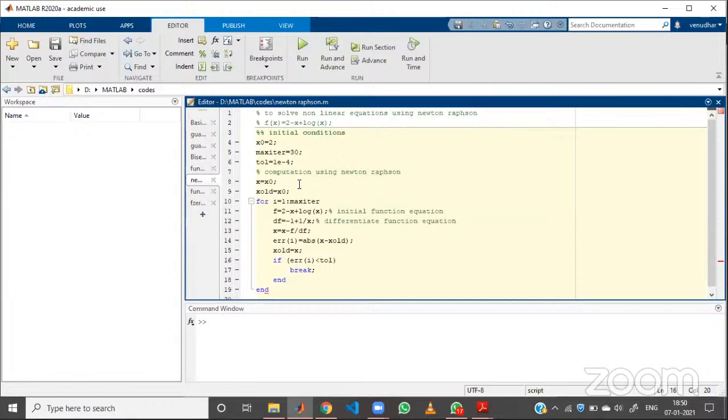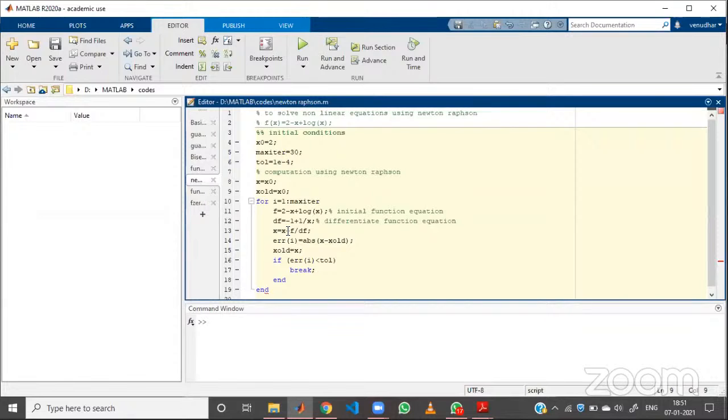So how will we store the value of x? For storing the value of x we have to make a variable. How many values of x will we have? We will have 30 different values of x, because we are iterating 30 times, and we want all the values of x.